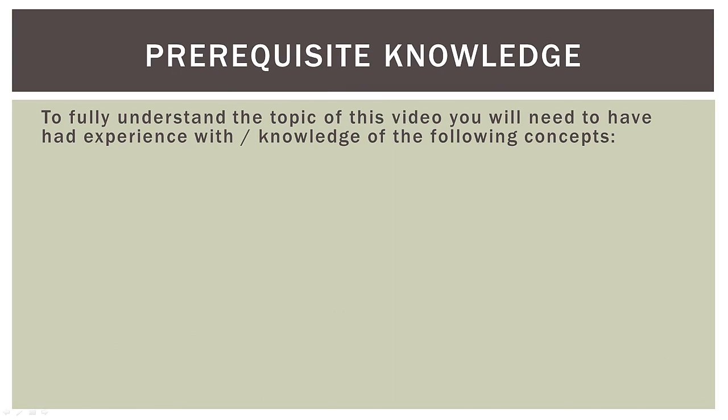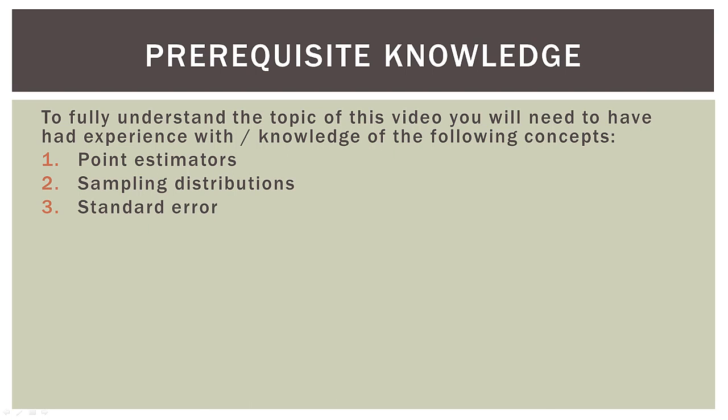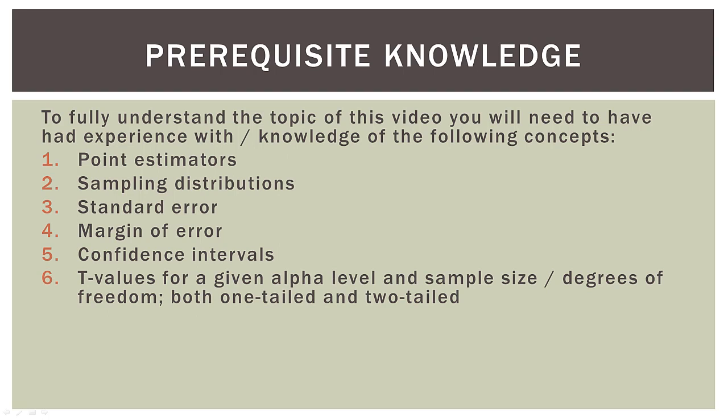Now, to fully understand the topic of this video, you will need to have had experience with or have knowledge of the following concepts: what point estimators are, what sampling distributions are, what the standard error is, what the margin of error is, what confidence intervals are, and finally, how to find the t-values for a given alpha level and sample size / degrees of freedom, both one-tailed and two-tailed.